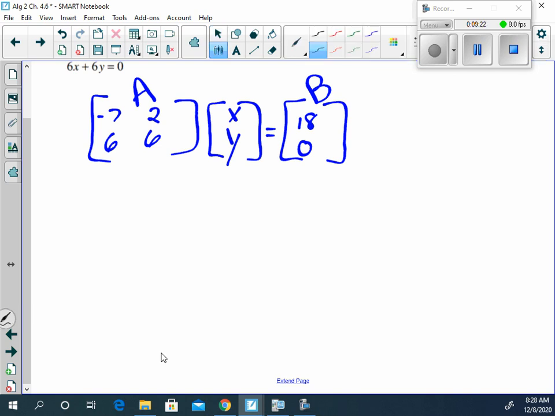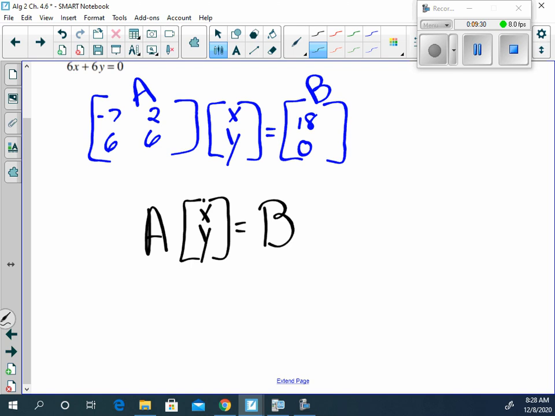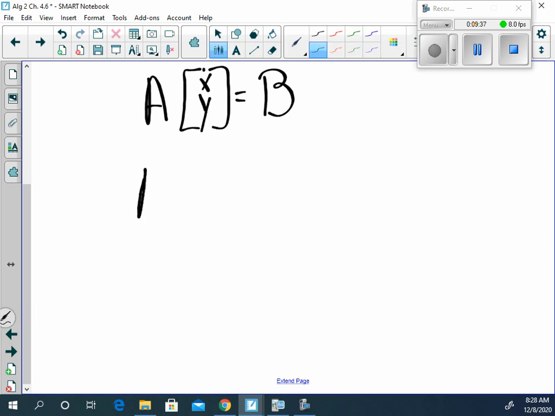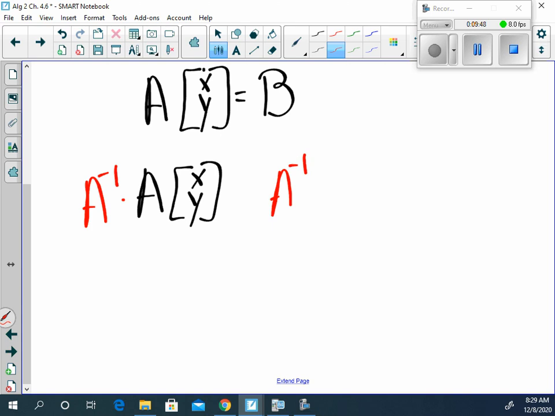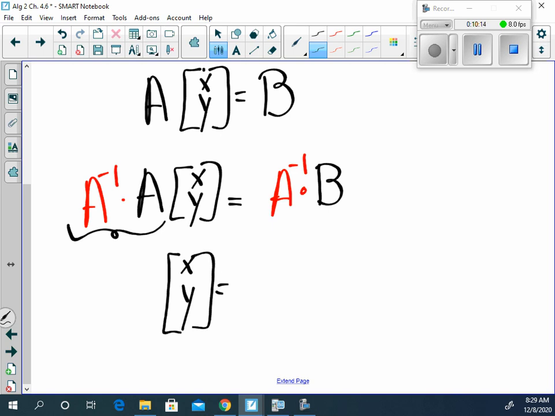So let's look at this here. So we said that I have matrix A and the matrix x, y is equal to matrix B. Well, if I take this here and multiply it by A inverse on both sides, well, A inverse times A simplifies to the identity, which is 1, which would be a multiplication of 1 for matrices, which will just really leave us with xy is equal to.